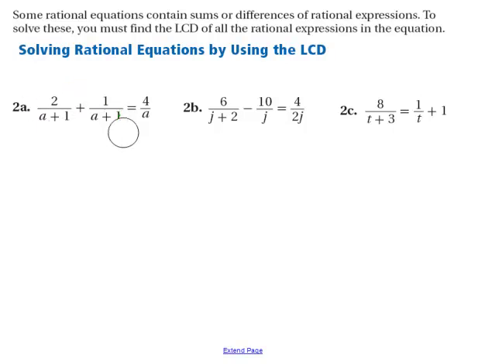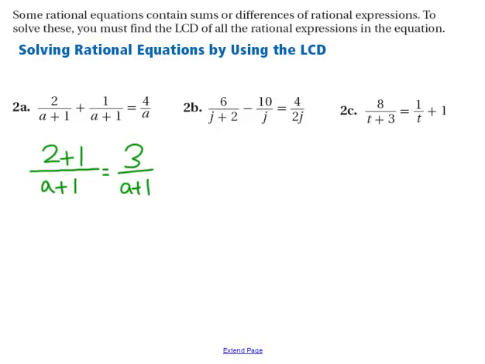We're going to start off easy. This first fraction here, 2 over a plus 1, plus 1 over a plus 1 have the same denominator, so we can just add across. We really have 2 plus 1 all over a plus 1, or 3 over a plus 1.